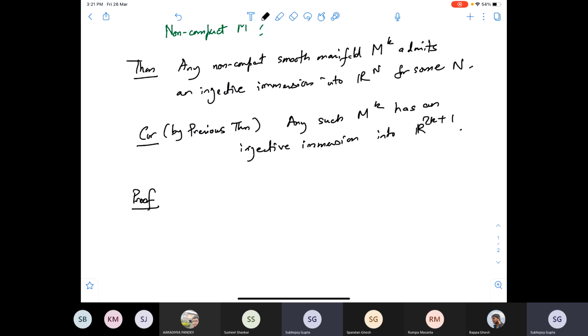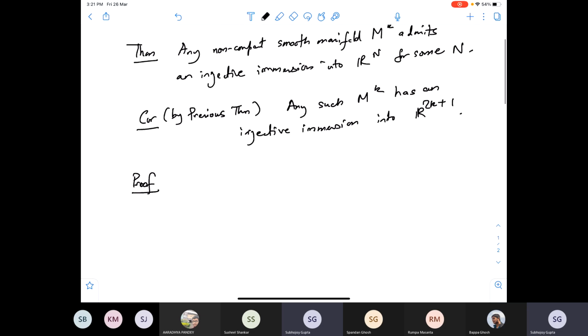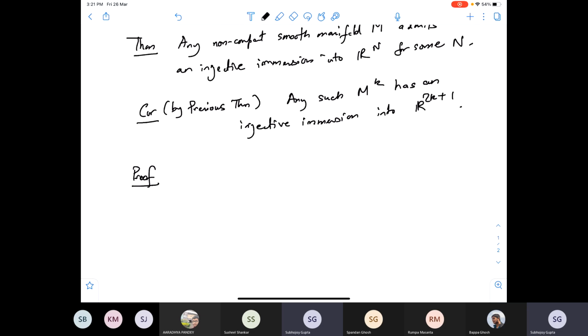So what do you do? Well, we can do the following. Let's start with a smooth exhaustion function, f from M to R, where M is a non-compact manifold. So remember what this was. This was a proper function, a smooth function so that the sub-level sets were compact.